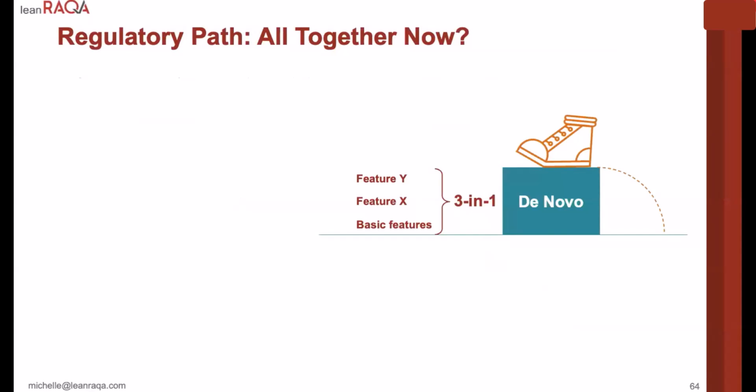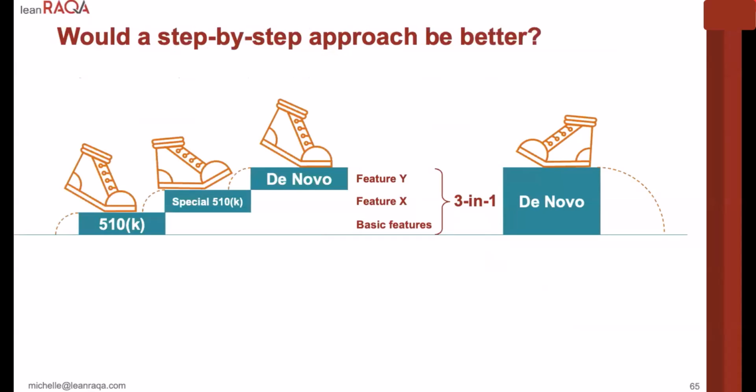So what's the best regulatory strategy for a de novo? Well, maybe it's to break things apart into separate steps or to do them all at once, depending on your funding and your goals. So it is possible that you could start with a base set of features that are easy to get substantial equivalence to, and you could do a 510K and then add in certain features.